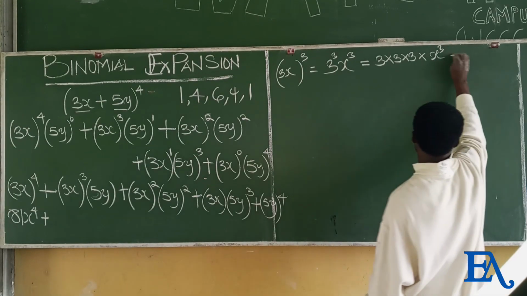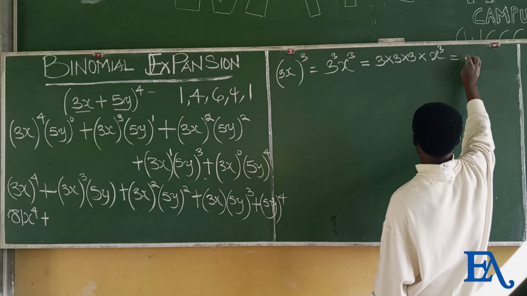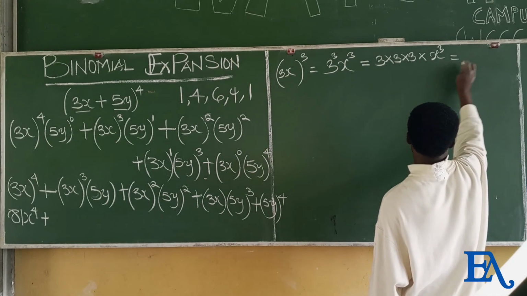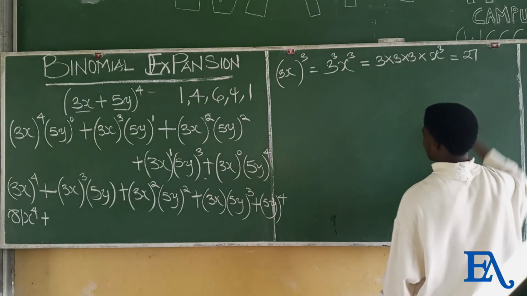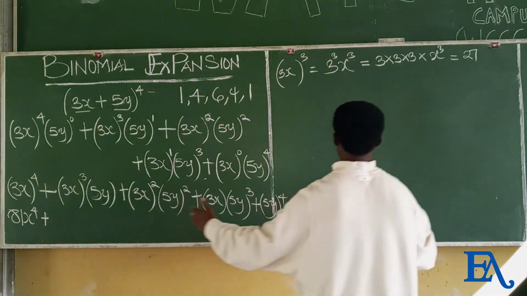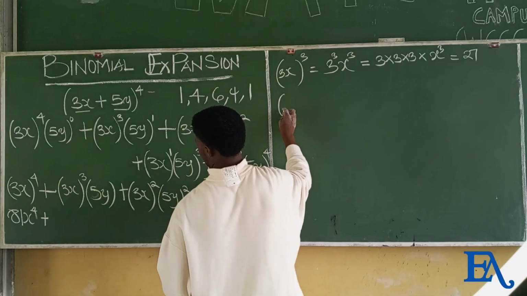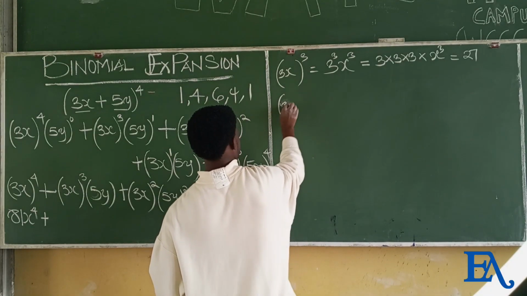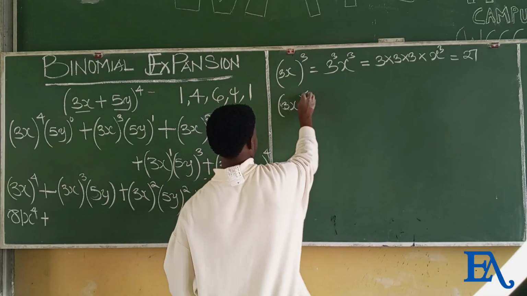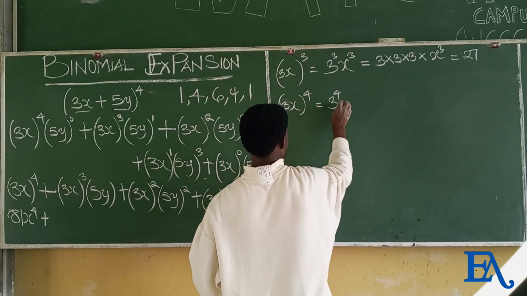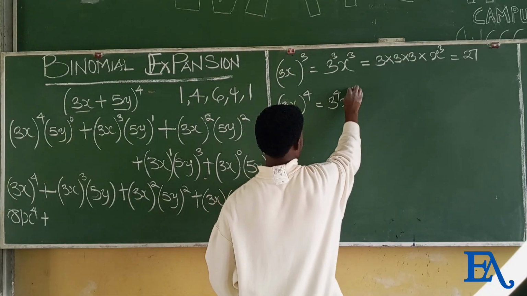From here, we have 3 times 3 is 9, and 9 times 3 is 27. But in the first step here, we got the 81. This is how we got the 81. In brackets, 3x raised to the power of 4 is the same as 3 raised to the power of 4 and x raised to the power of 4.